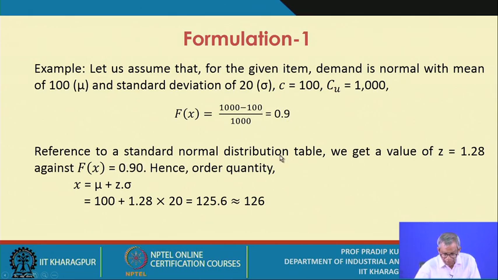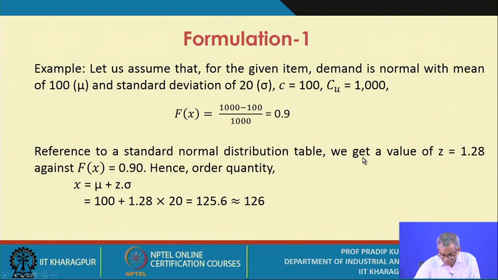So, reference to a standard normal distribution table. I suggest that you pick up any textbook on probability and statistics, or any textbooks on inventory management systems, which we have suggested, and definitely in the appendix you will find the standard normal distribution table given. So you must be able to read this table and get these values.